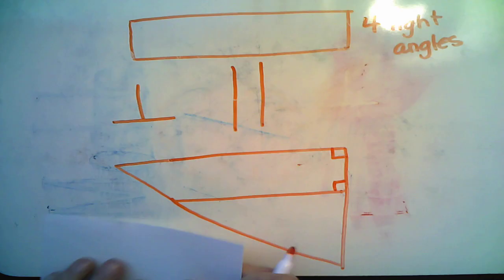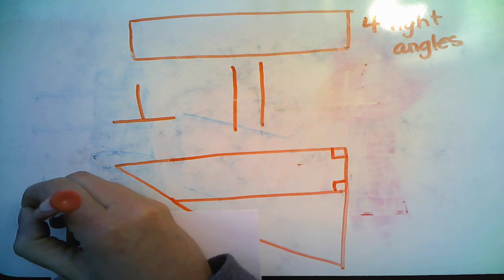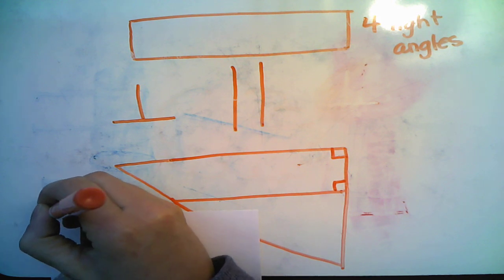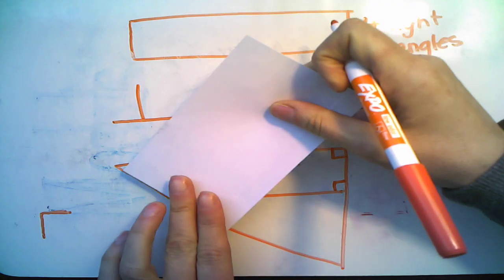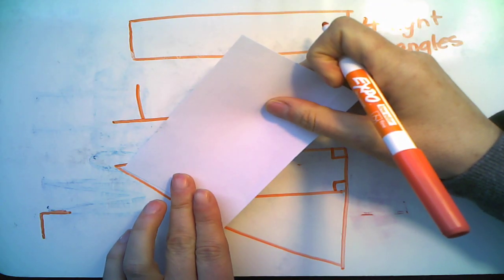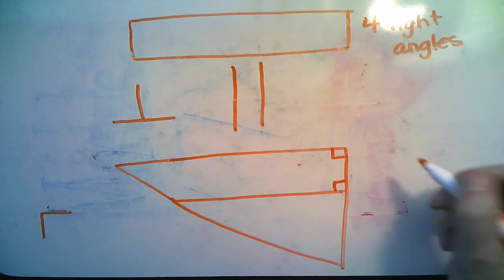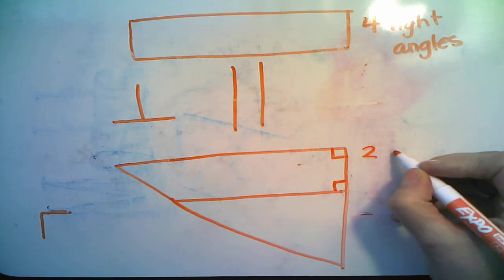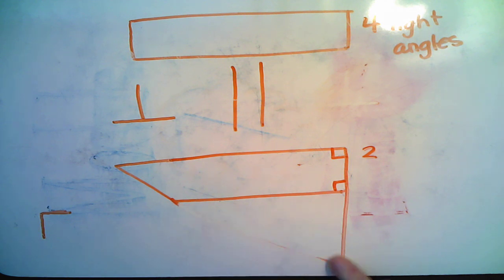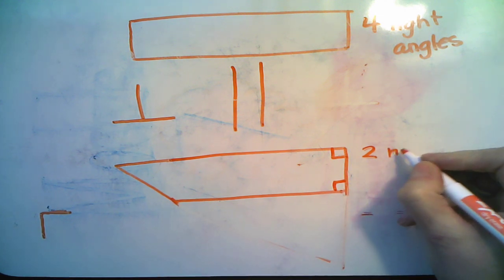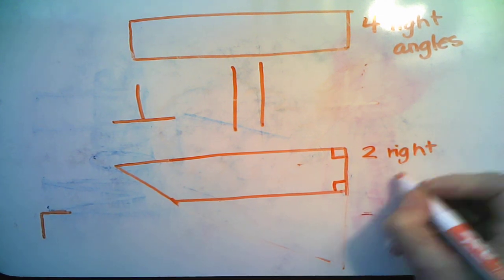No. You have to be able to see both lines on the outside in order for it to be a right angle. Can you see both sides? You cannot. So that is not a right angle. So this polygon or quadrilateral has 4 sides, minus this business, has 2 right angles.